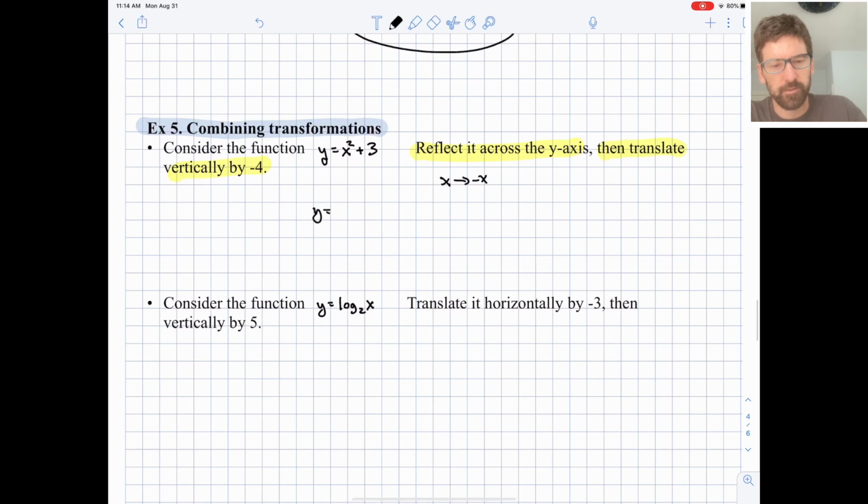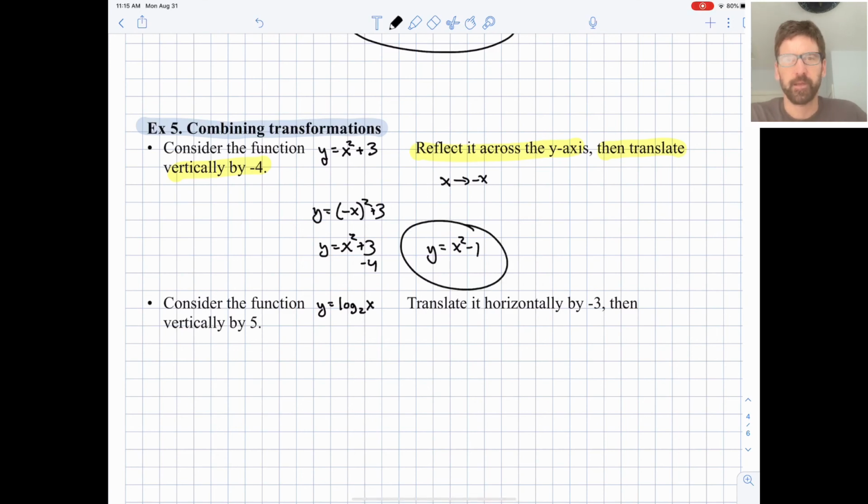So y equals a -x quantity squared plus 3, which simplifies into y equals x squared plus 3. So that actually didn't change the equation at all. Okay, but then we translate vertically by -4, so we will subtract 4. So our final answer here is going to be y equals x squared plus, actually minus 1. Okay, so that parabola was flipped vertically and then moved down.